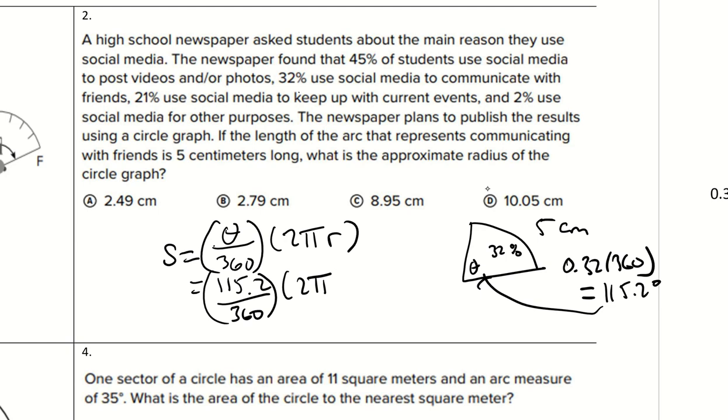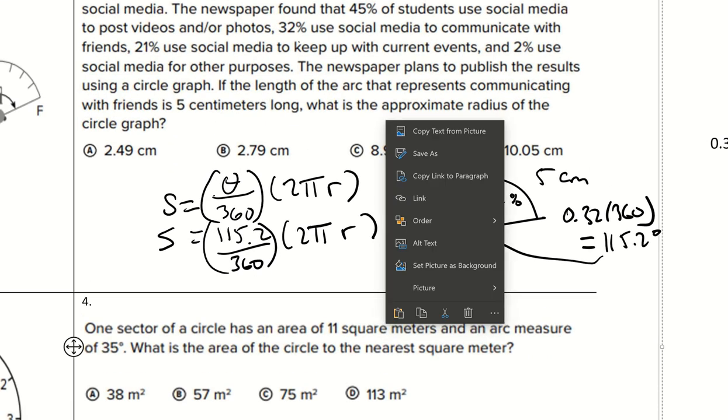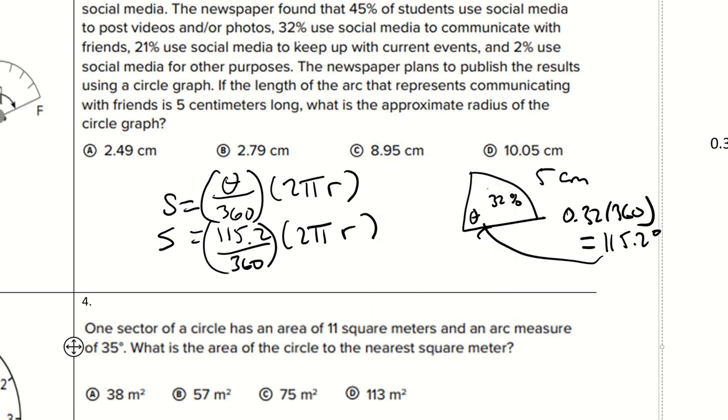Or no, wait, the arc length was 5. I'm sorry, we need to find the radius. We don't know what the radius is. So the arc length is 5. Remember that the angle over 360 is equal to the 0.32 that we found here. So we get 0.32 times 2 is 0.64.